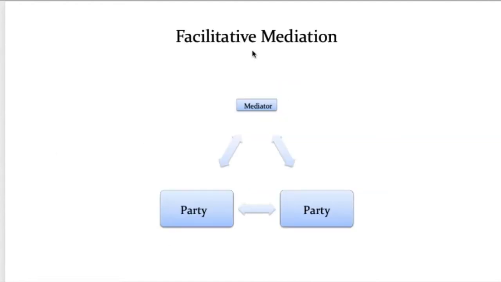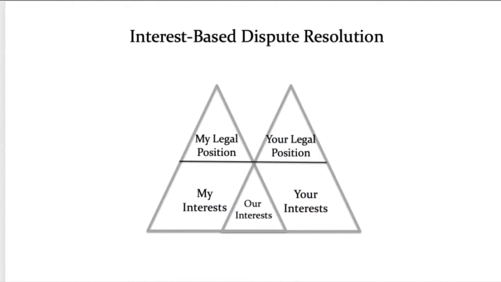The first thing is facilitative mediation. So in facilitative mediation, the mediator is trying to help the parties identify their common interests. So facilitative mediation is in line with the interest-based dispute resolution.